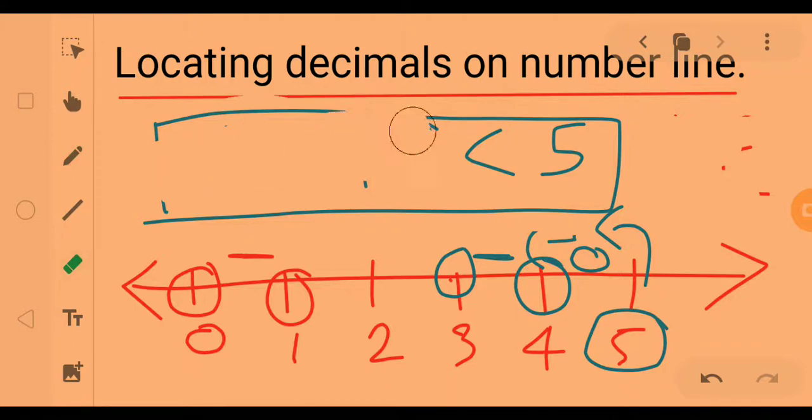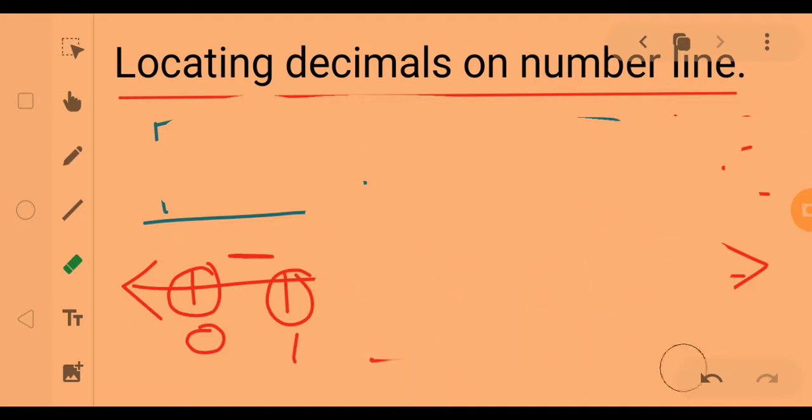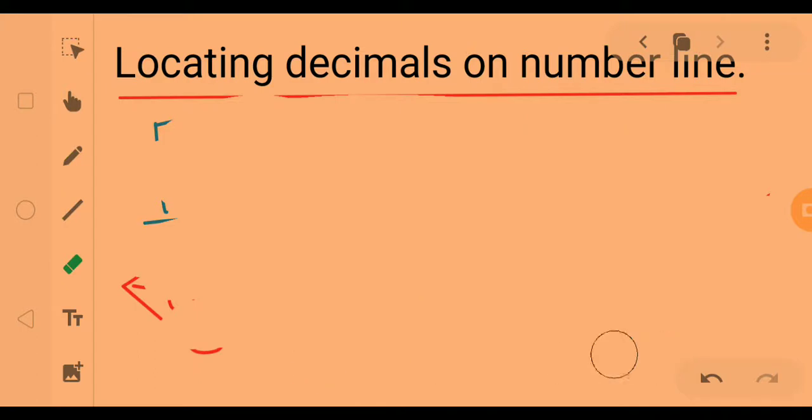Now let us see how to express decimal numbers on a number line if a few decimal numbers are given and we have been asked to express them.